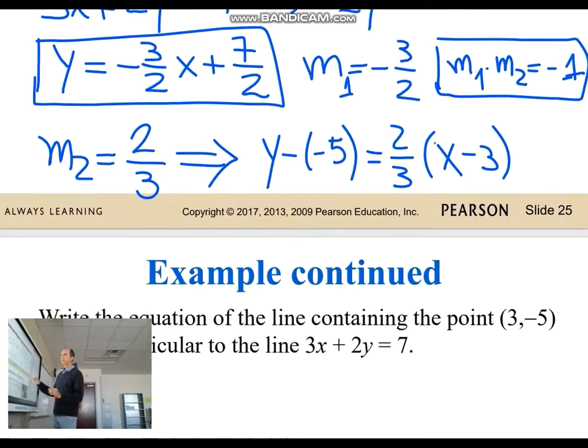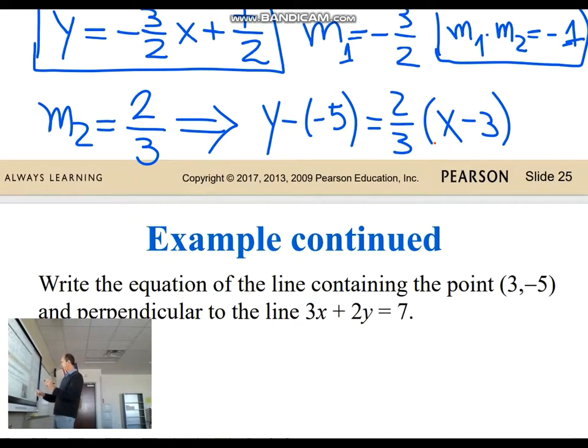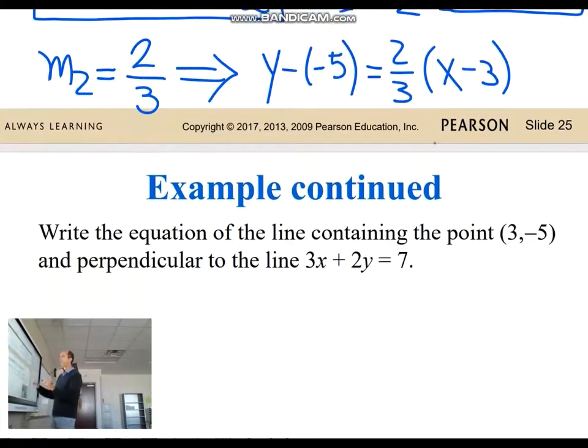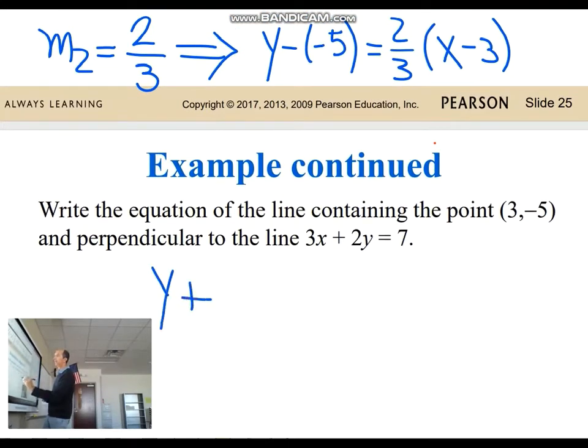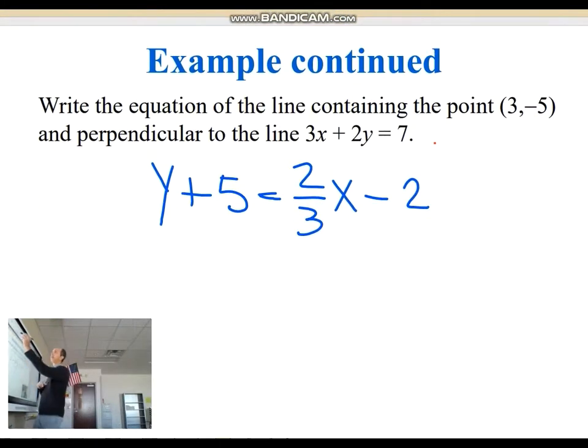After you simplify, we can continue here. y plus 5 equals 2 over 3 x, and apply the distributive property: 2 over 3 x minus 2 over 3 times negative 3 is negative 2.